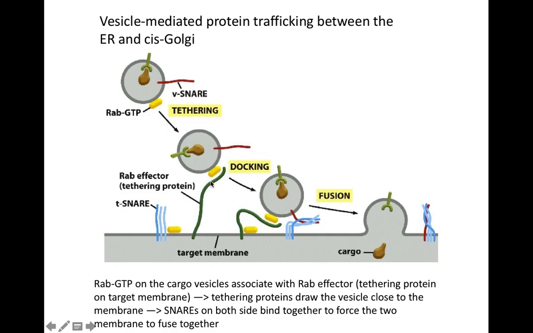Now these effector proteins pull this vesicle closer towards the membrane. When they pull it closer, then docking takes place.